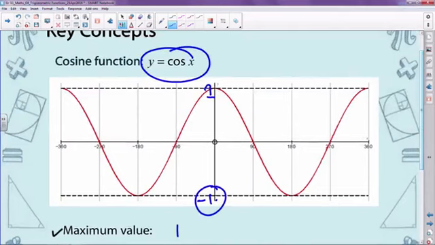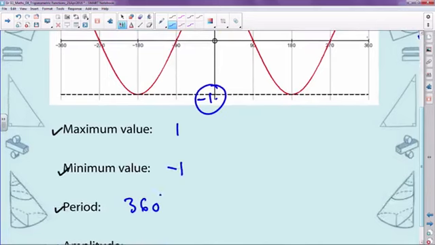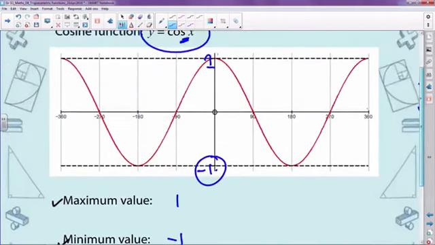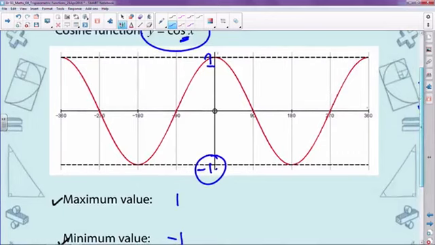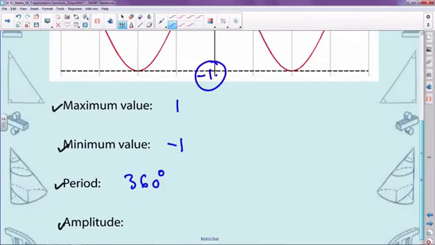So it's cos 1x. So our period here is 360 degrees. It's going to repeat after every 360 degrees. So you see that it completes a cycle in every 360 degrees.